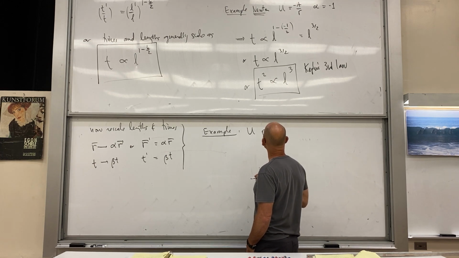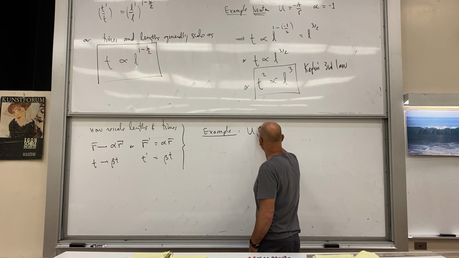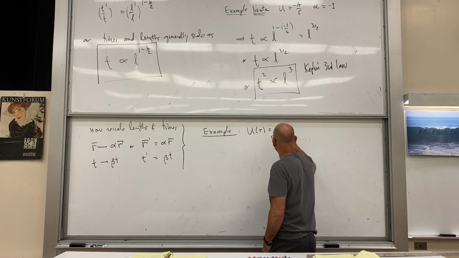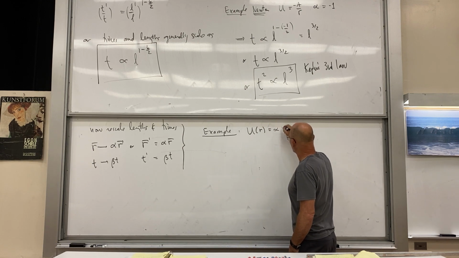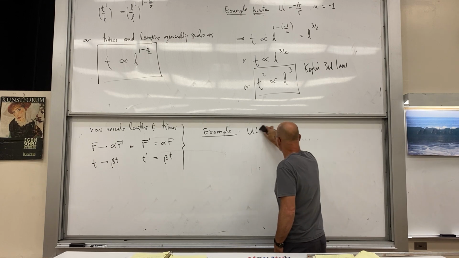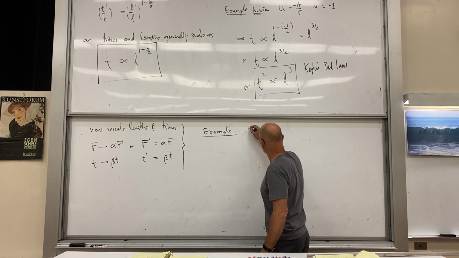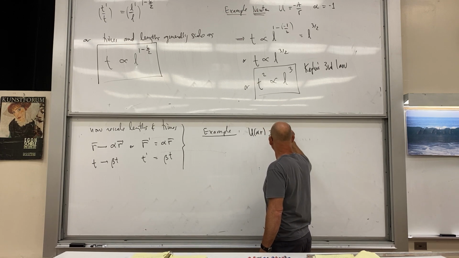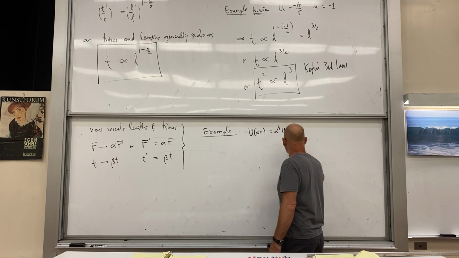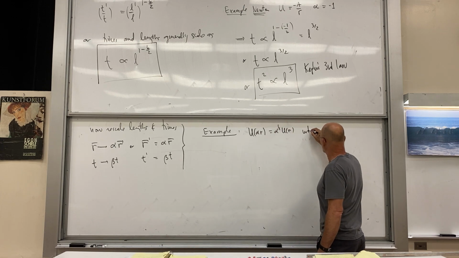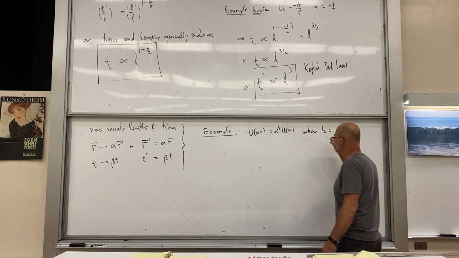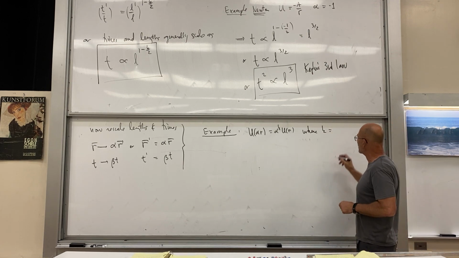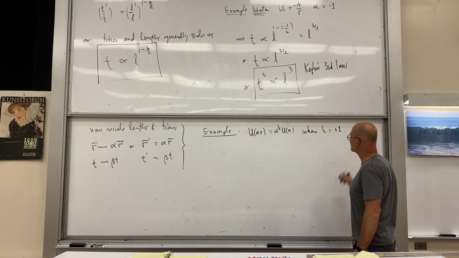How do we want to do this? U of R equals, here's what we'll do. Let's do this: U of alpha R equals alpha to the K times U of R, where K is equal to positive 1, plus 1.